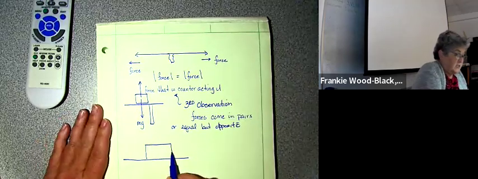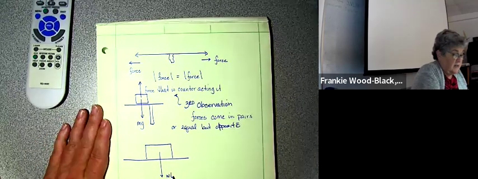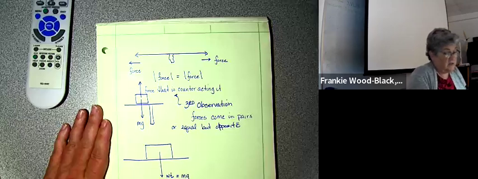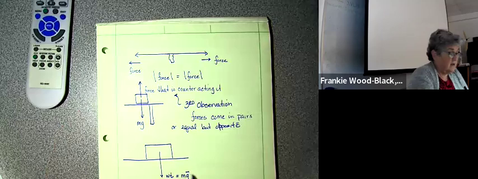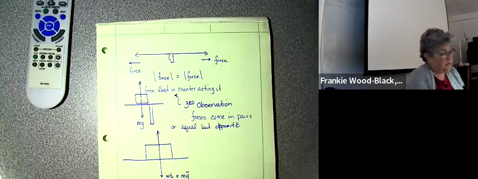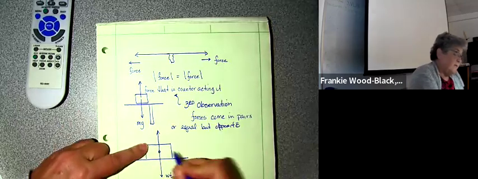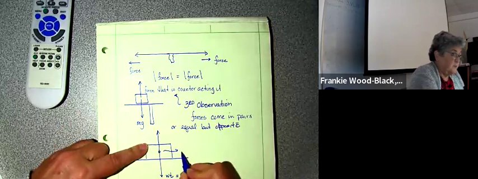I have my object sitting on the ground. It's got the weight due to gravity that's pulling it down, which we've already said is mass times gravity. But I have this opposite force, where the ground is pushing up on my object. And we're going to use this as our reference point.